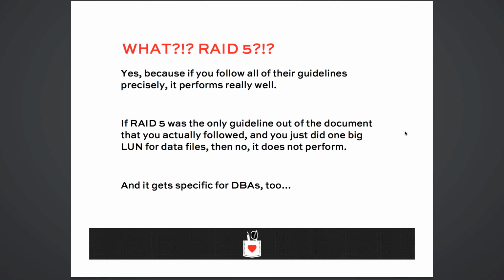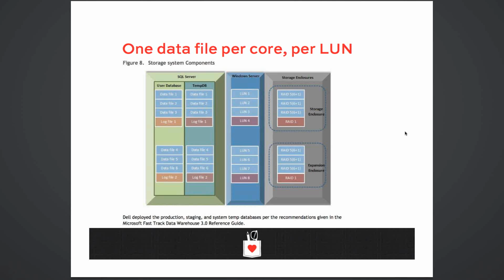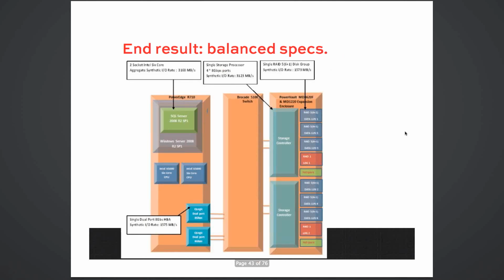RAID 5 has this reputation for being really slow at writes, and it is, but who cares? I care about data file read speed, not necessarily write speed. There's all kinds of interesting things that we have to get into here. It even tells you how many data files you need per core, and it goes into beautiful details, all to drive the maximum amount of throughput that we can possibly get.